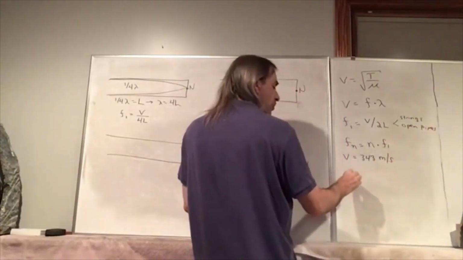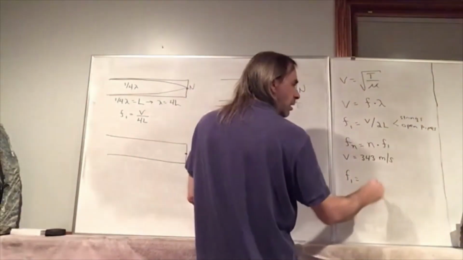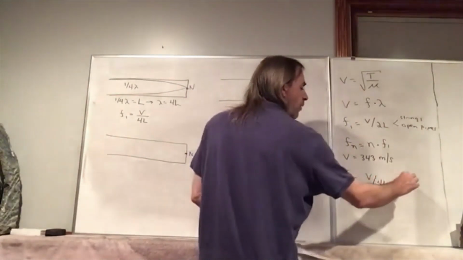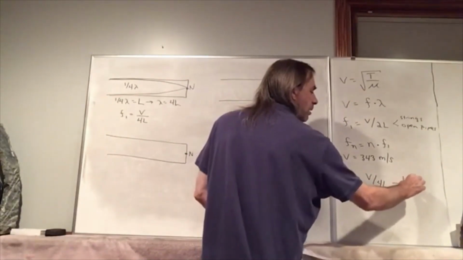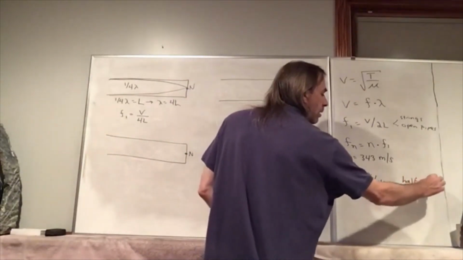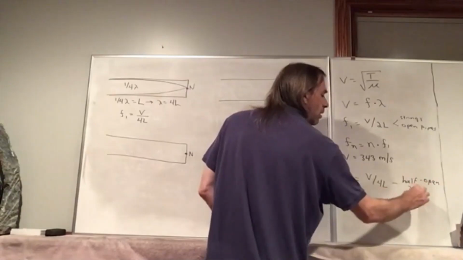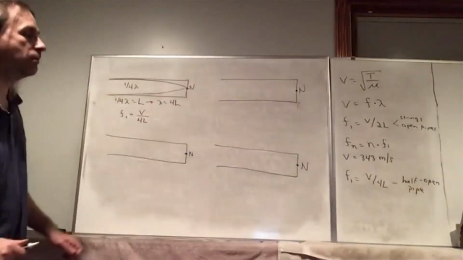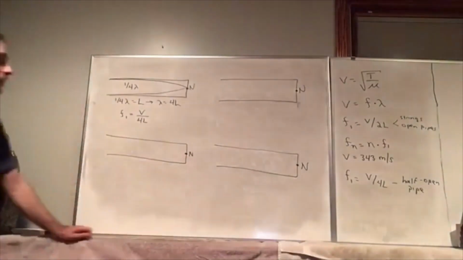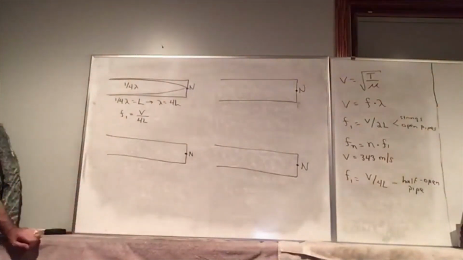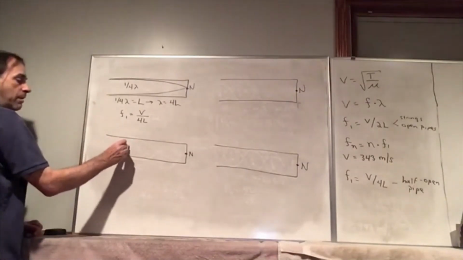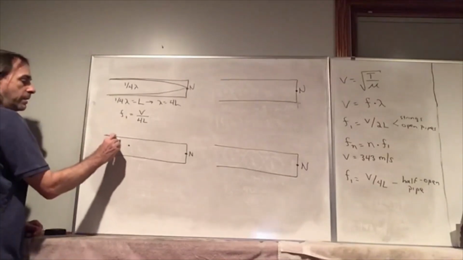Now for a closed pipe, we have V over 4L, or for a half open pipe, we have a different fundamental frequency. Now let's look at the next resonance that we can get, where we put another node in the middle, and so we go like this.